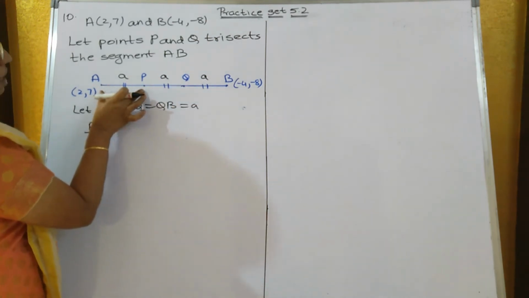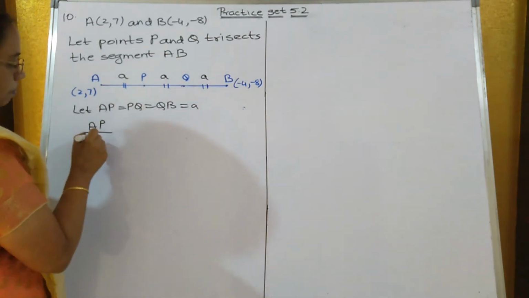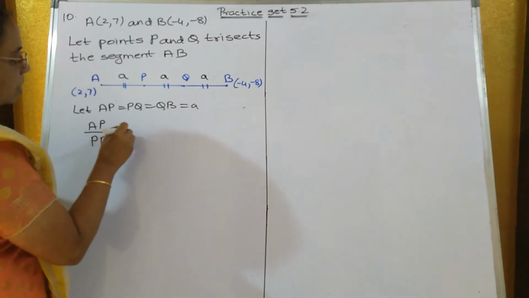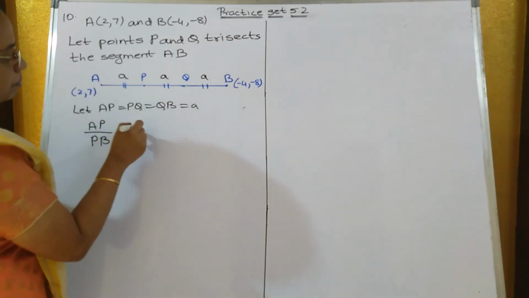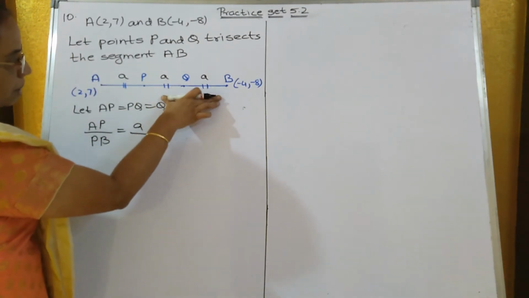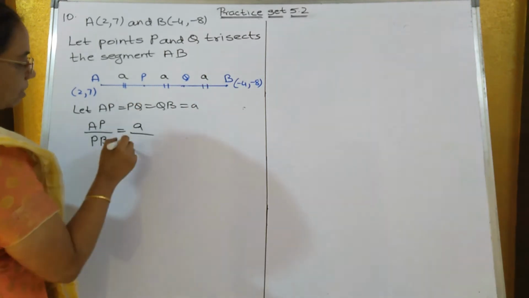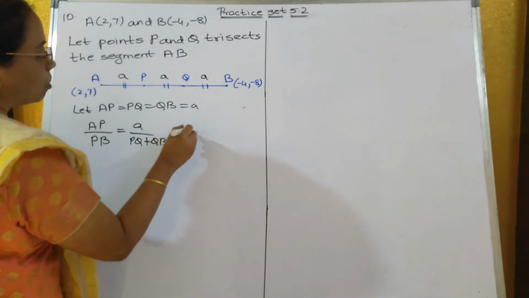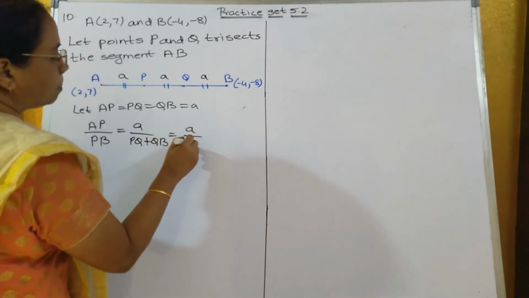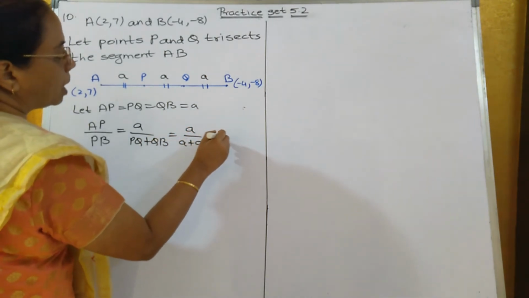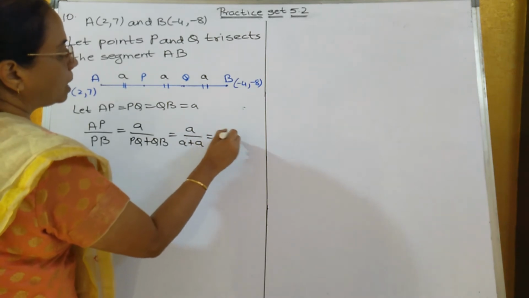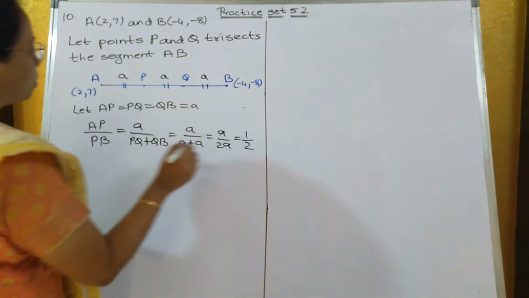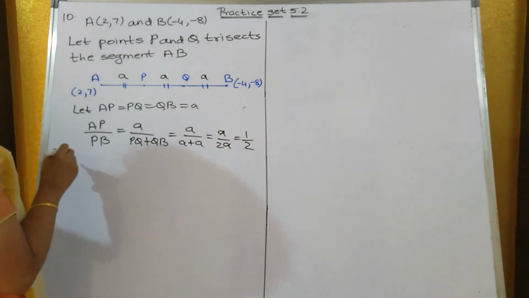First the smaller one and then the bigger one, PB. That's equal to AP, how much is it? a. And PB is made of what? PQ and QB. So PQ plus QB. So that is equal to a upon a plus a, that's equal to a upon 2a. a and a will get cancelled, 1 upon 2. So P divides a segment.